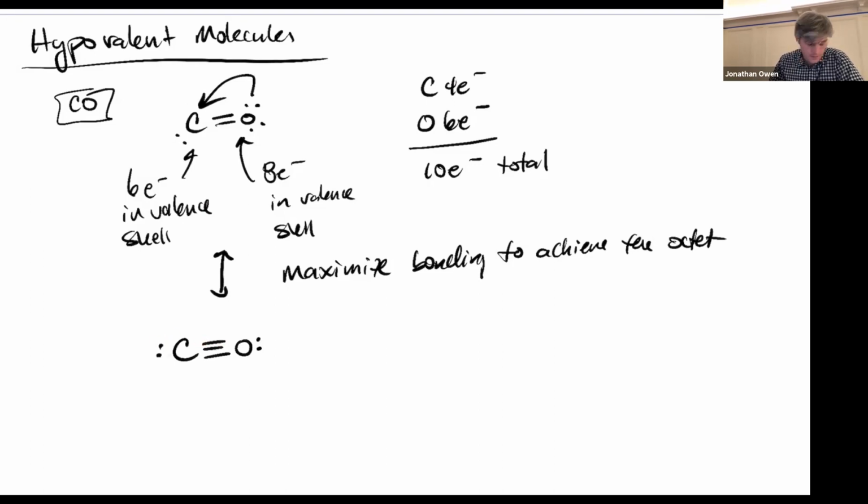And now when I count them out, I've got 2, 4, 6, 8, 2, 4, 6, 8. Everything looks good except what's missing? Formal charges. Yeah, we need some formal charge. 3 bonds to oxygen, that's a positive charge. Carbon will get a negative charge.